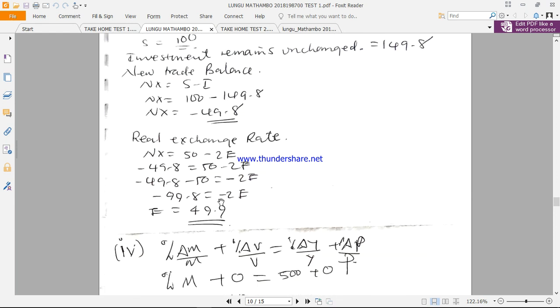And then as the next part, maybe talking about the real exchange rate, which is the same thing. We can make some analysis here, because after plugging in the values to get our real exchange rate, we are seeing 49.9.